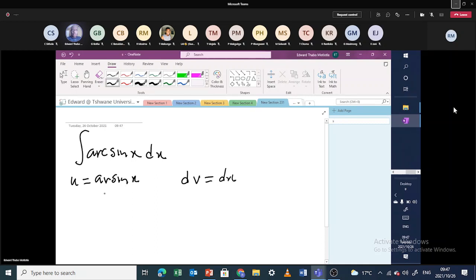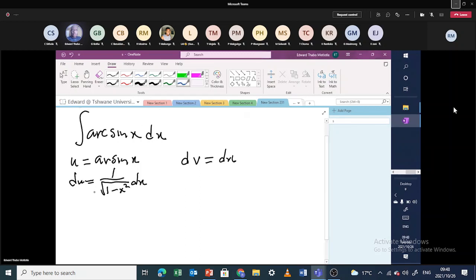Now when you differentiate arc sine x, what is your answer? du is equal to 1 over the square root of 1 minus x squared dx. Okay, so this is the derivative. Now we write down our formula. The integral of u dv is equal to uv minus the integral of v du.